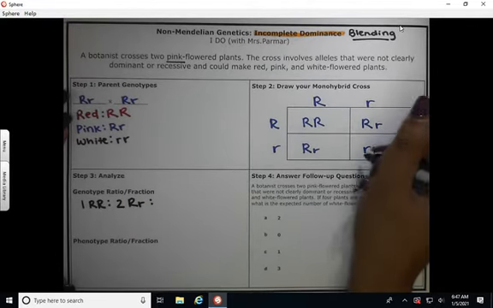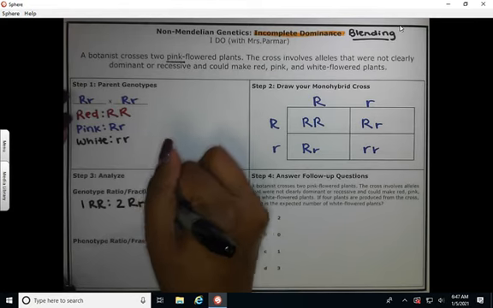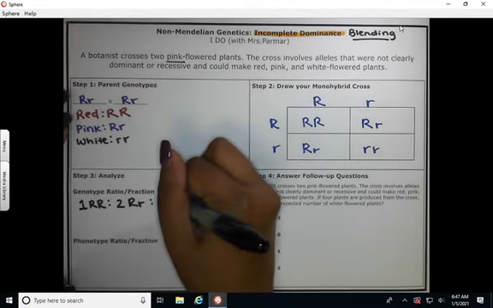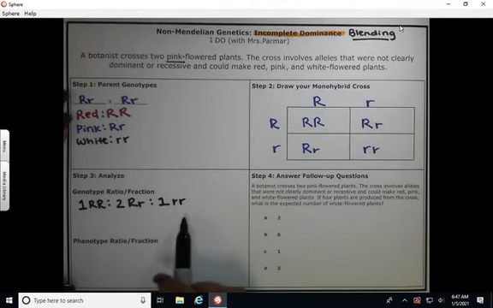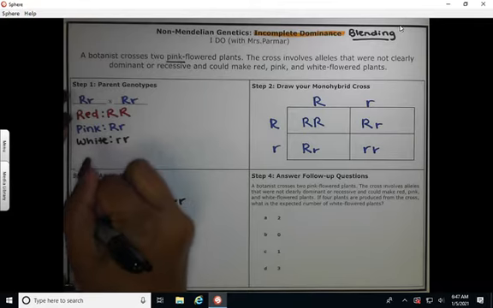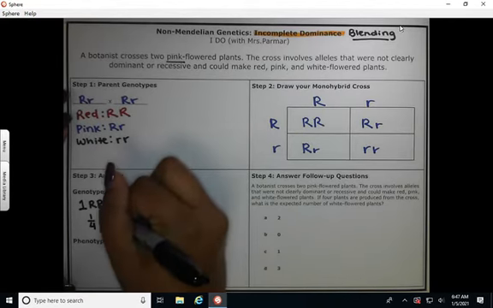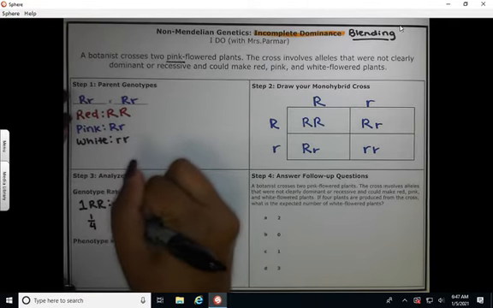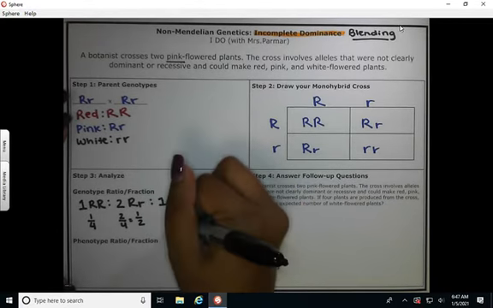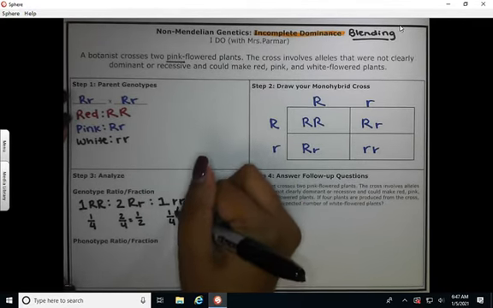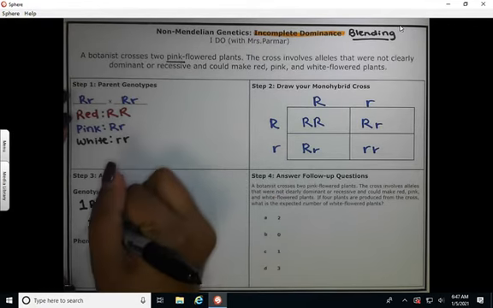And one child is homozygous recessive, little r, little r. This is our genotype ratio. If we did this as a fraction, this would be 1/4, 2/4, which equals 1/2, and 1/4 little r, little r. So this is one way we could have written the fractions for each.